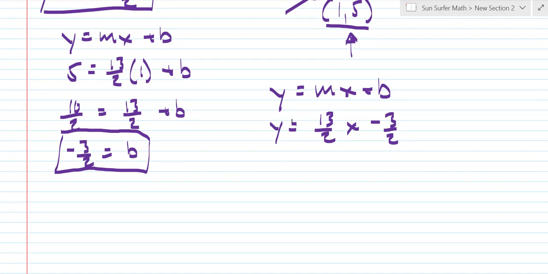So rather than writing y equals this, we would simply write f of x is equal to 13 halves x minus 3 halves. But it has the same meaning. The y value and the f of x are interchangeable. The function value at any point of x is the y value.